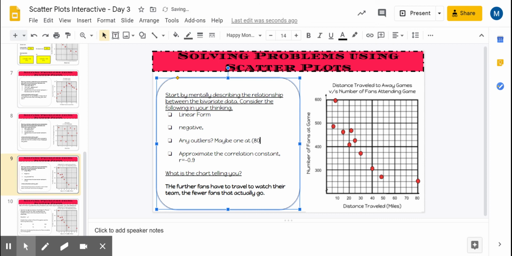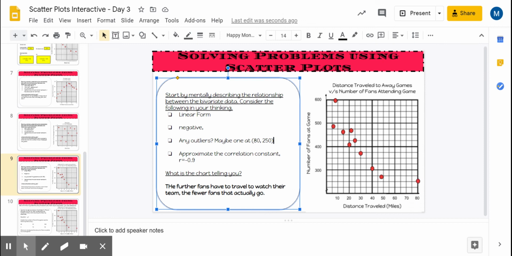I'll put the coordinate at 80 miles, who traveled 80 miles, and there were a lot of home games. There were a lot of fans. Sorry, I had to pause and count out my Y scale. It looks like about 250 fans went to a game that was pretty far away.